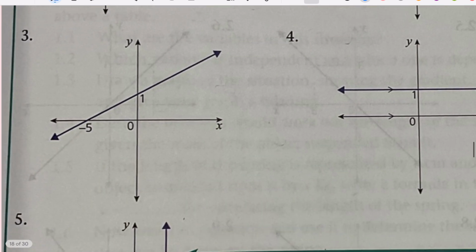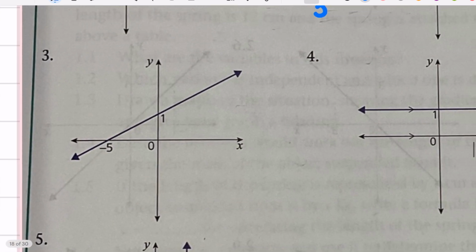Okay. The next one, we've got number 3 over here. So here we again do the exact same. Pause this video and try this on your own quickly and see if you come right. Okay, so in the x direction, we moved from -5 to 0. Because we moved right, it's positive 5, the change in x, okay?